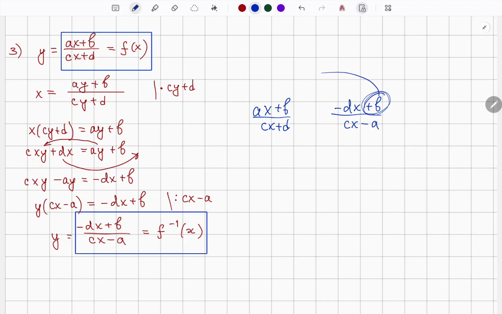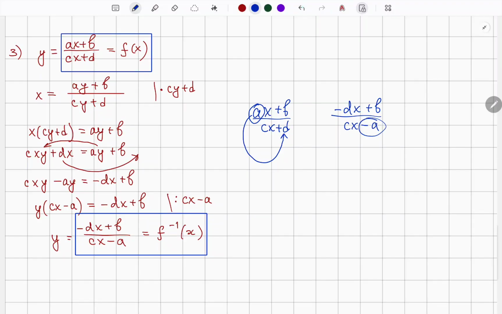Look at the value of b. It stays the same at the same place. Look at cx. It also didn't change. What happened to a? It moved here, but also it changed its sign to the opposite. It was a, but when it comes to the inverse function, it's minus a.